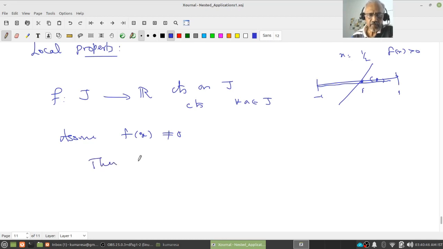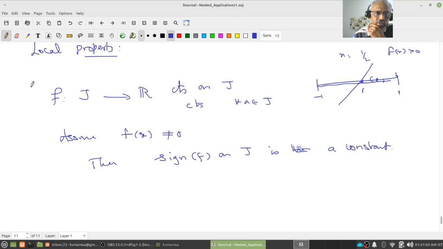Then the sign of f on J is the same, is a constant. That is, always positive or always negative. This is a global property.